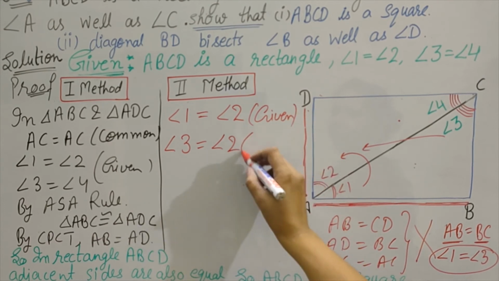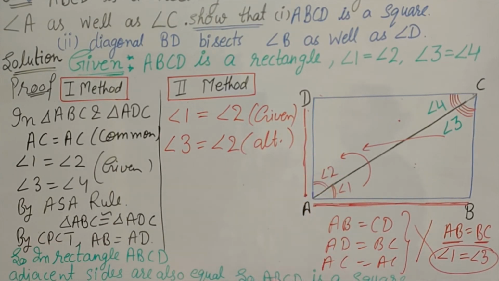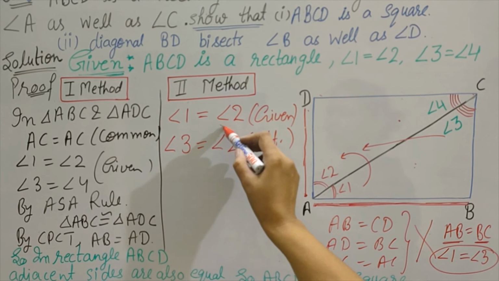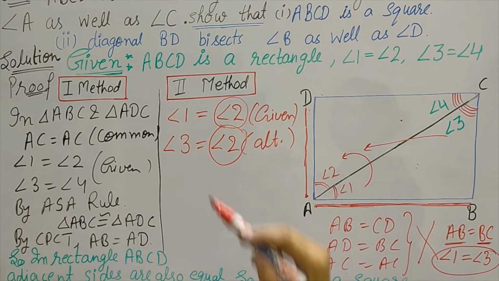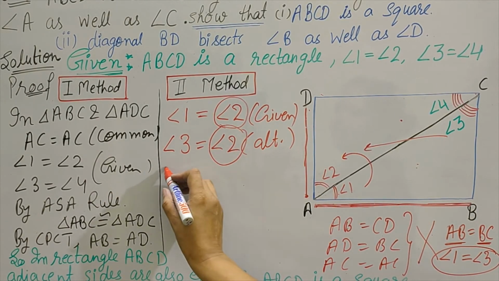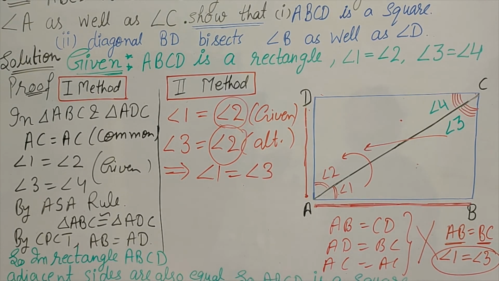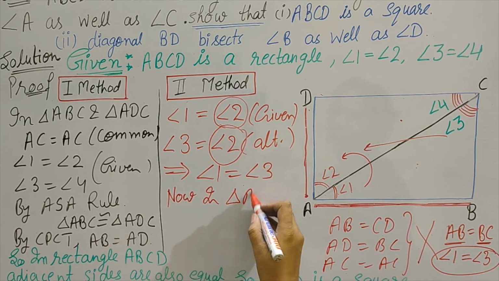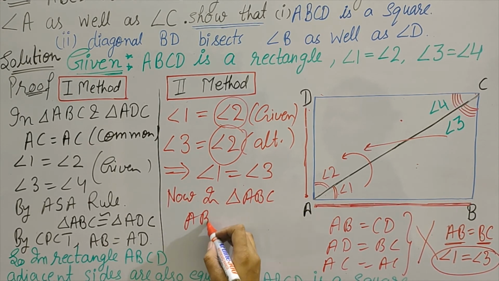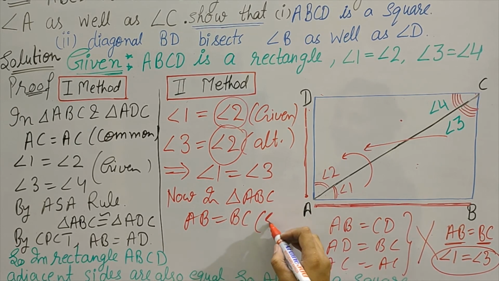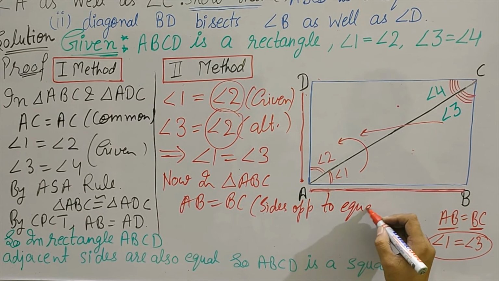And why 3 and 2? Alternate. So now angle 1 is equal to angle 2. Angle 3, this is also equal to angle 2. So by this we can say angle 1 is equal to angle 3. This was our target. Now in triangle ABC, we can say AB is equal to BC, sides opposite to equal angles.